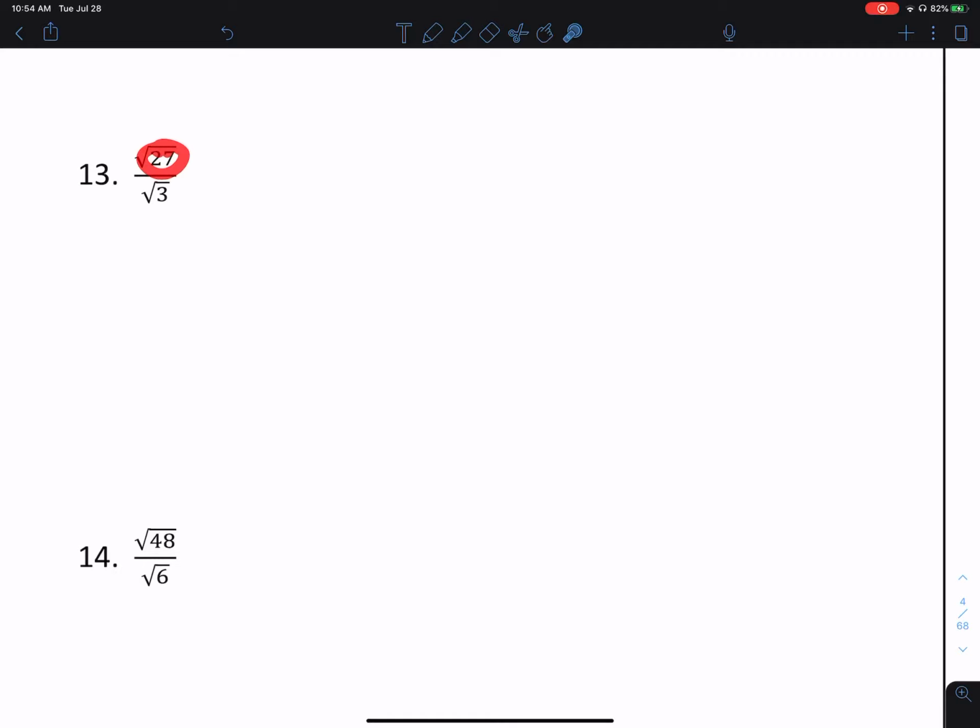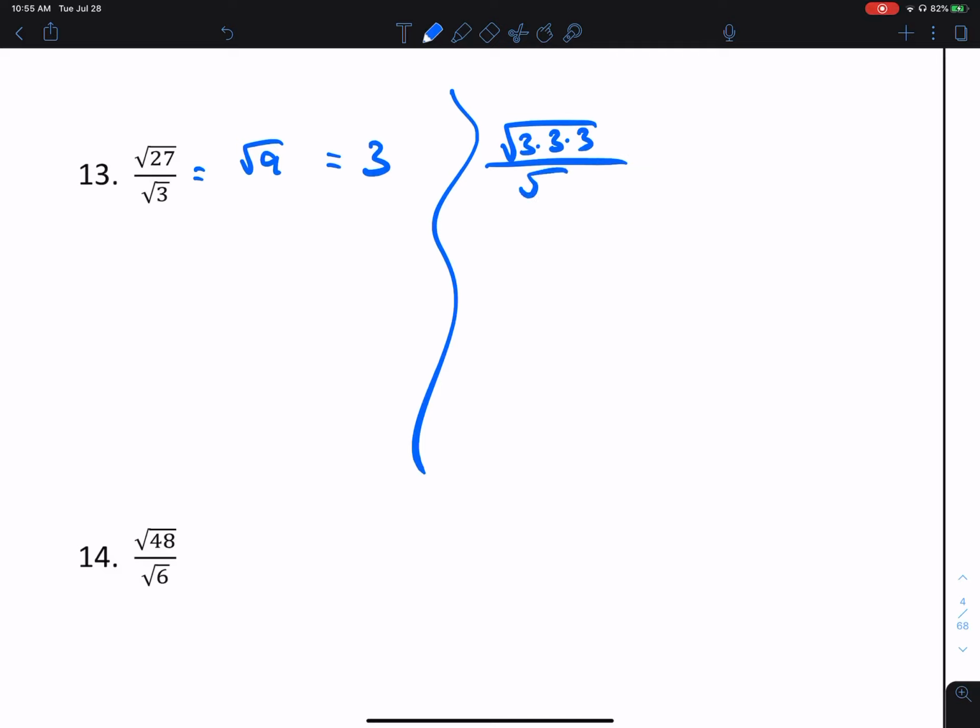Can we divide both 27 and 3 by the same number? The answer is yes. Since they're both inside the radicals, we can do that. We can divide both those by square root of 3. Square root of 27 divided by the square root of 3 is square root of 9. Square root of 3 divided by the square root of 3 is 1, so it's square root of 9. What is the square root of 9? It's 3. Different way to do this is to break the square root of 27 into prime factors. 3 times 3 times 3.